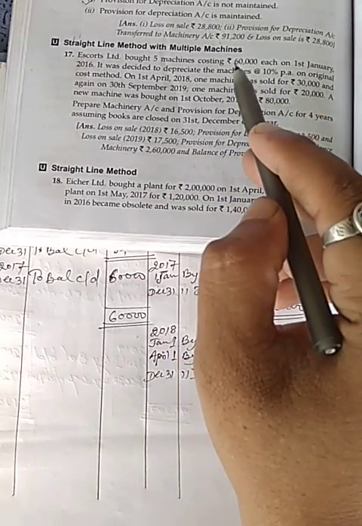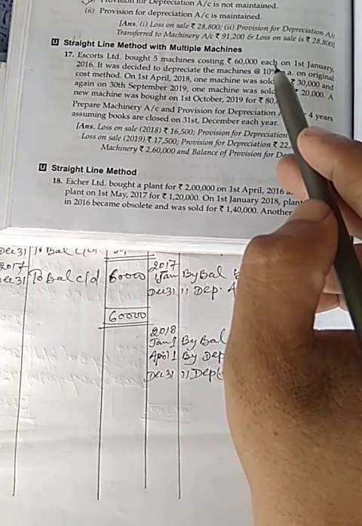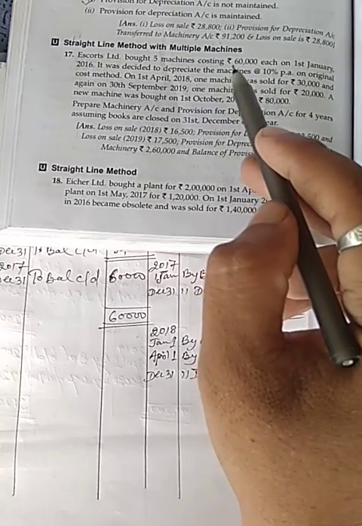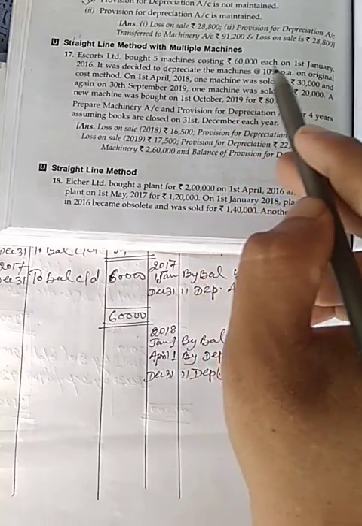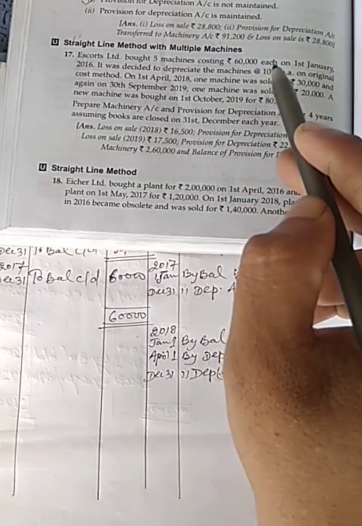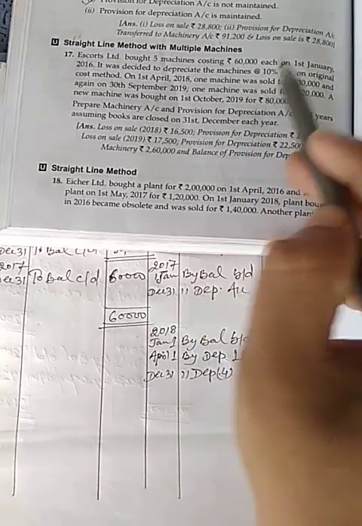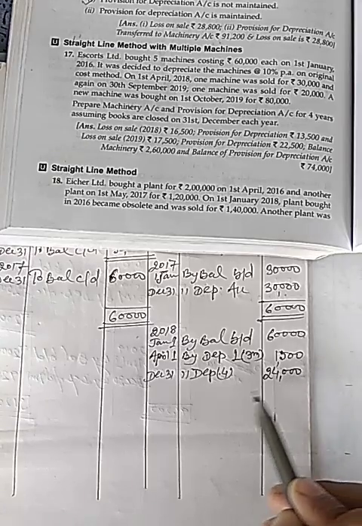So we have 4 machines left and we will calculate depreciation on 4 machines at the rate of 10% on 2,40,000. So it will be 24,000.